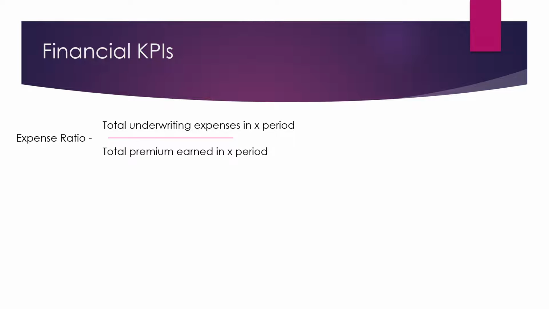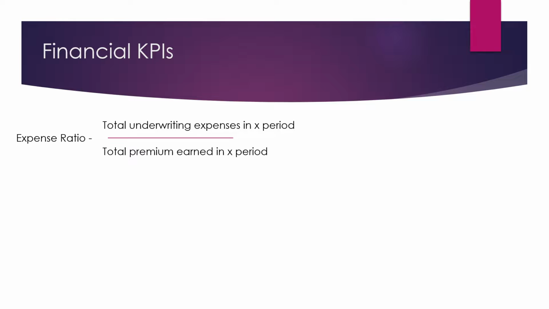Now we will look at the third type, which is the financial KPIs. The important financial KPI we are looking at now is the expense ratio. All of these we look at purely as a dollar or rupee percentage. So it is total underwriting expenses in X period versus total premium earned in X period.